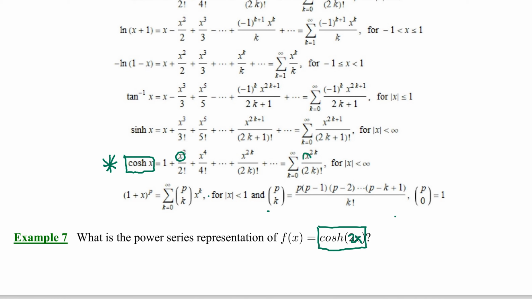Or if I look at my summation notation here, I'm going to replace that x with 2x. So we could say the series is from 0 to infinity of (2x) to the 2k over (2k) factorial. Simple as that.